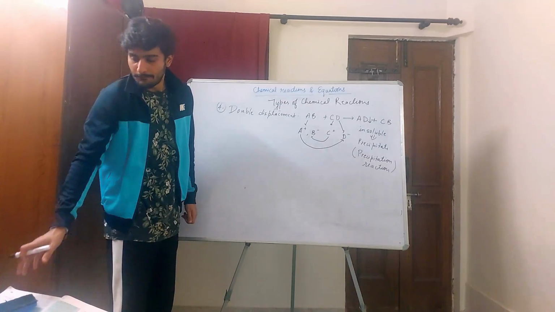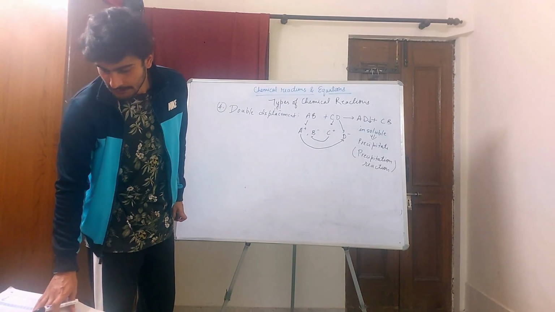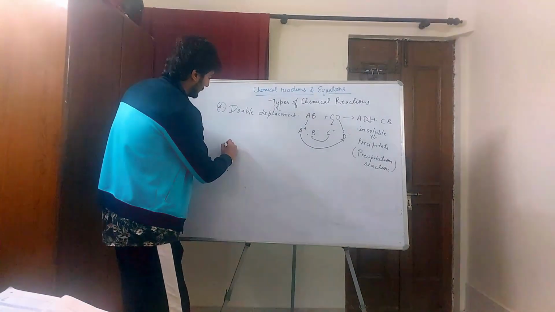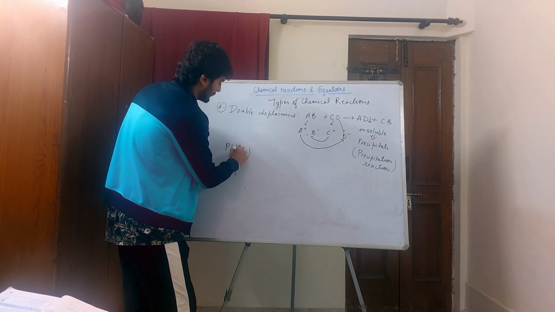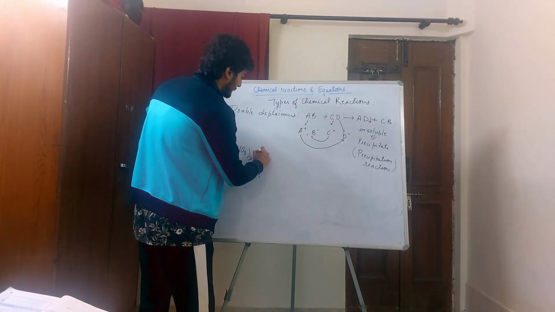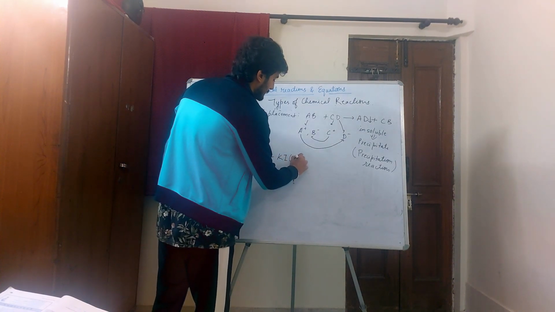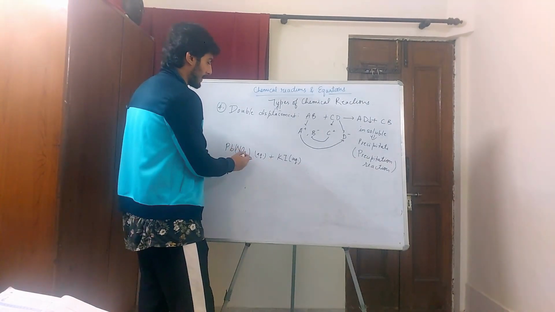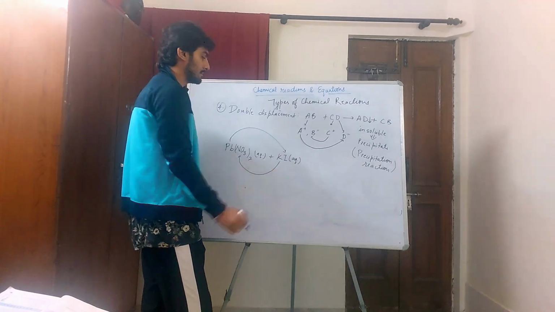So let's take an example of an activity. We have lead nitrate and potassium iodide. So lead nitrate, Pb(NO3)2, lead is +2. This will be in aqueous form, and potassium iodide is KI, that is also in aqueous form. So what will happen? Exchange of ions. This K will come with this, and Pb will go with this.